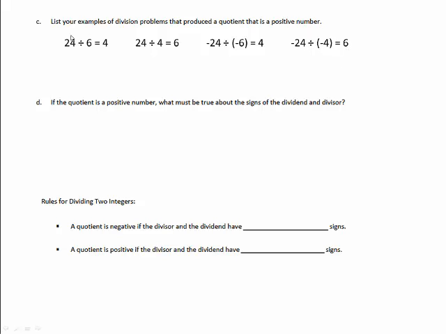If we wanted to look at these as an example from the card game, if I had a total of 24 and I had 6 identical cards, each one of those cards would have to be a 4. Or if I had a total of 24 and each one of those cards was a positive 4, I'd have to have a total of 6 cards.